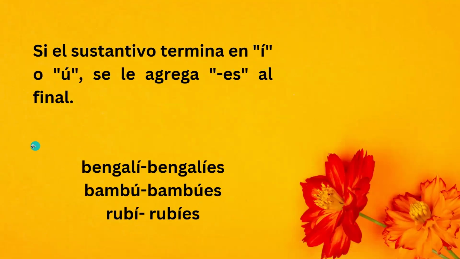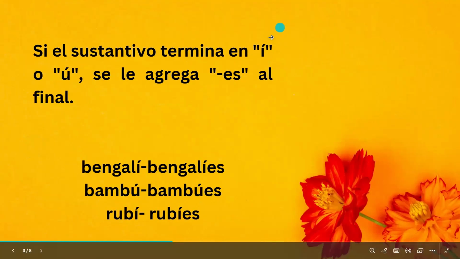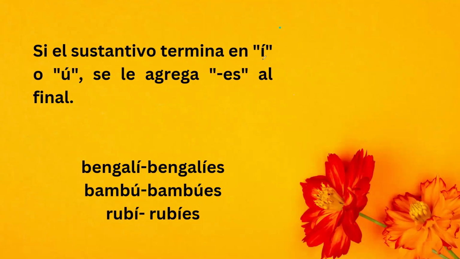Let me just go back. Can you see here? It's all of them, but without a stress mark. But if you have I or U with a stress mark, in order to make the plural, you need to add es.